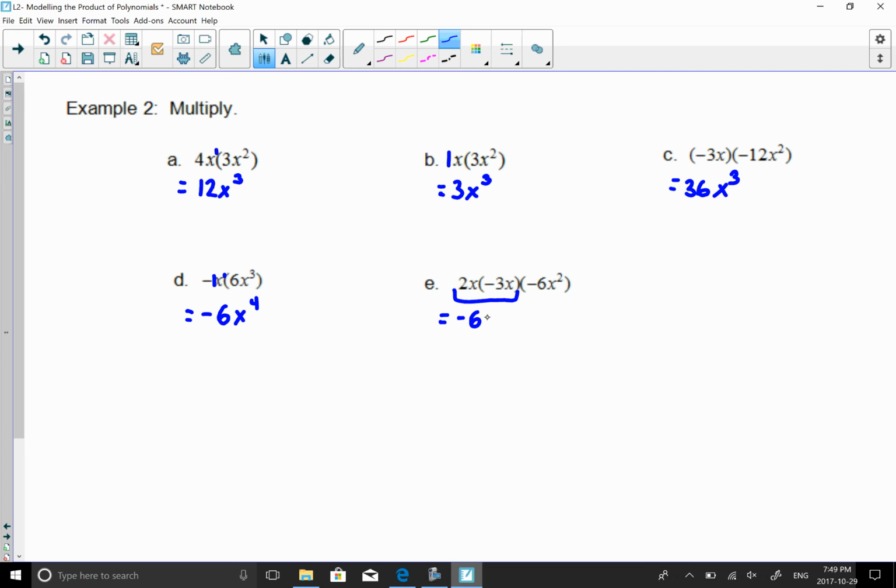There's a 1 and a 1. That's squared. I'm going to still write the other one down that I haven't worked with yet. Now I'm going to do the next two. Negative 6 times negative 6. 6 times 6 is 36. Positive because it's negative times negative, and then add the exponents. 2 plus 2 is 4.